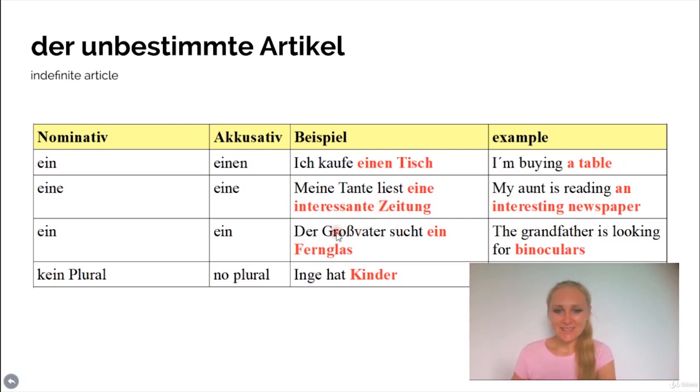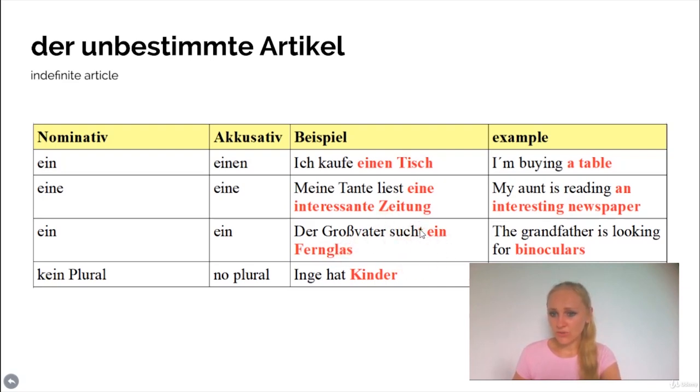The next sentence, "der Großvater sucht ein Fernglas," which means the grandfather is looking for binoculars. In English, you always have to put it in the plural form. In German, it's just "ein Fernglas," so it's one binocular. Let's say we keep it in the singular form, unless you're looking for several binoculars. And here, "das Fernglas" is neutral in German, so you also say "ein Fernglas."